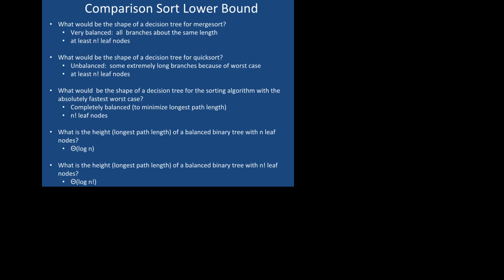So it's going to be log of n factorial. If the height of a tree with n leaf nodes is log of n, the height of a tree with n factorial leaf nodes is going to be log of n factorial. So what bound does that put then on how fast the worst case can be of a comparison-based sorting algorithm?